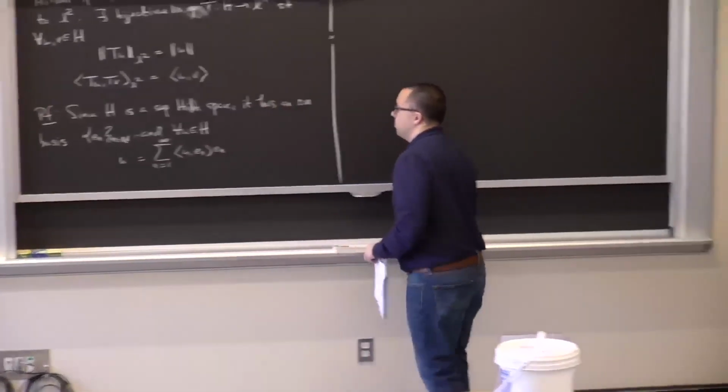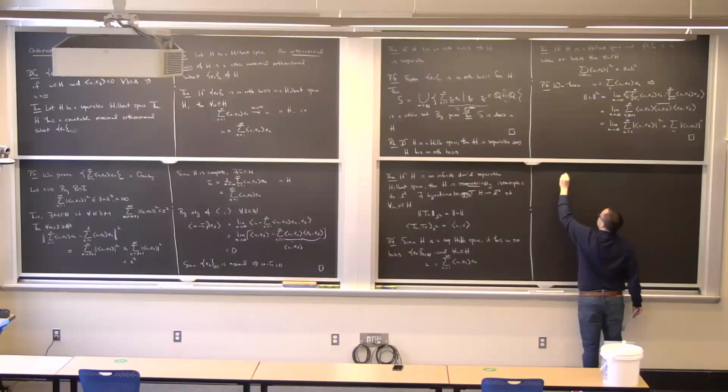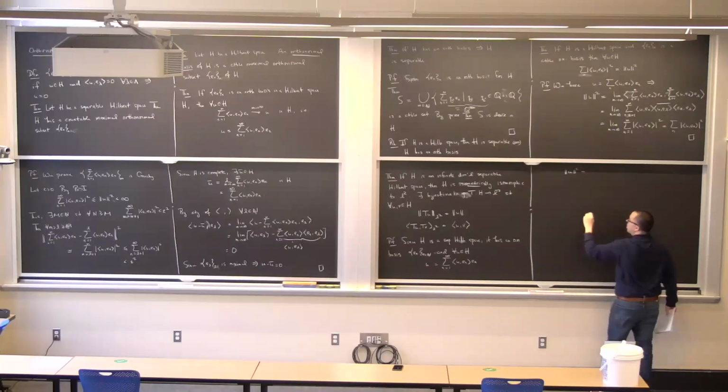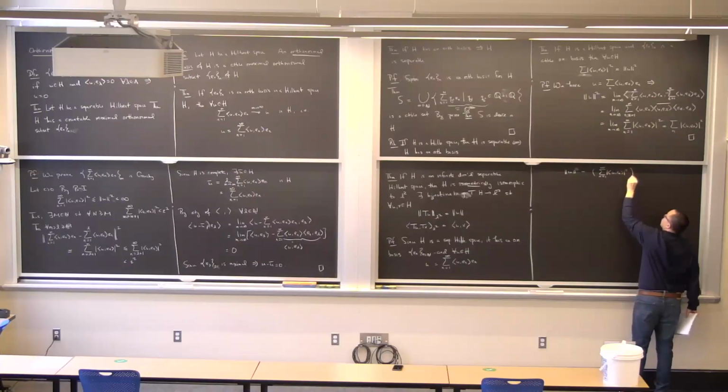And with the norm of u squared equals, let me remove the squares and I can write this as the sum from n equals 1 to infinity of |(u, e_n)|^2, to the one half.